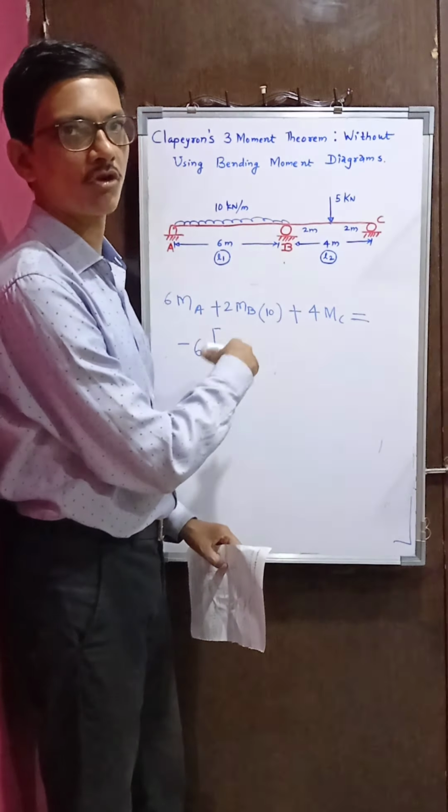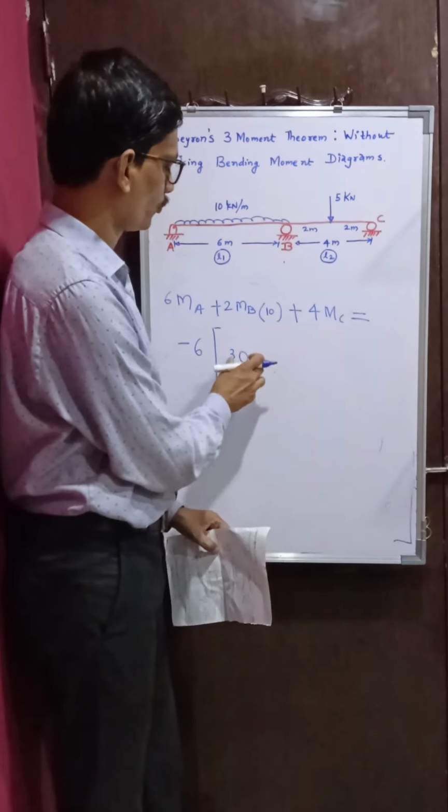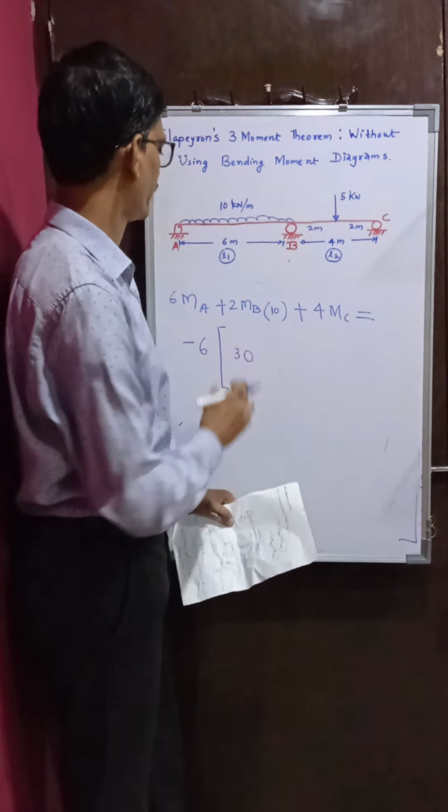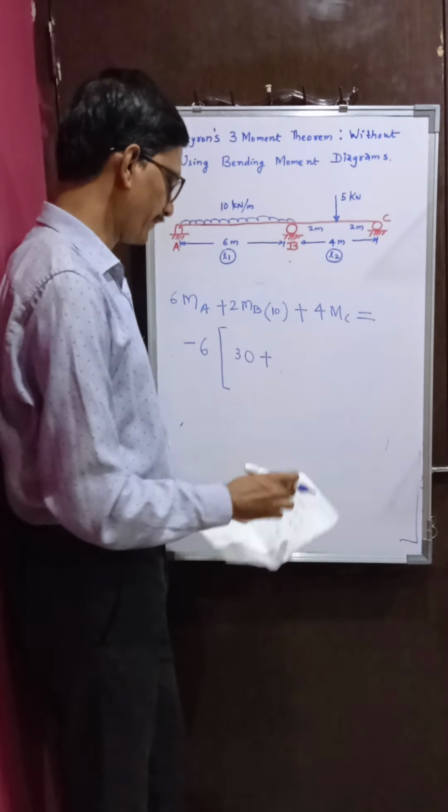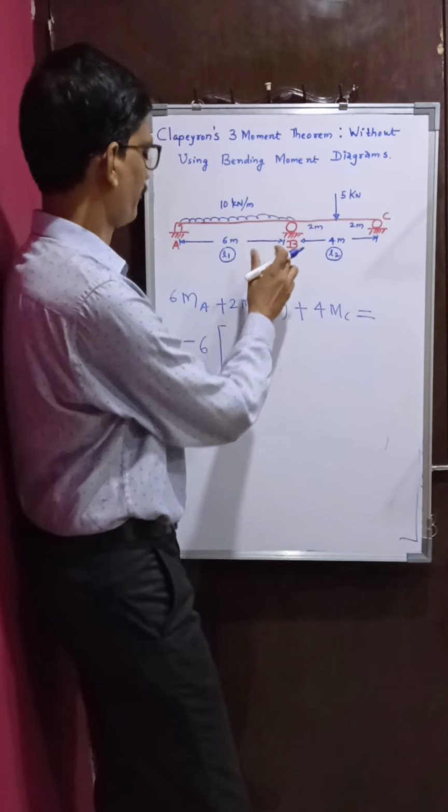Anti-clockwise you take minus and clockwise plus, but here only use the magnitude, that is 30 plus 2 times of MFBA.